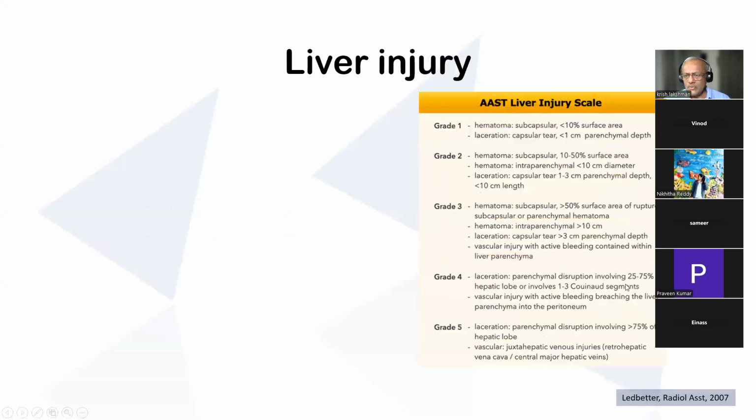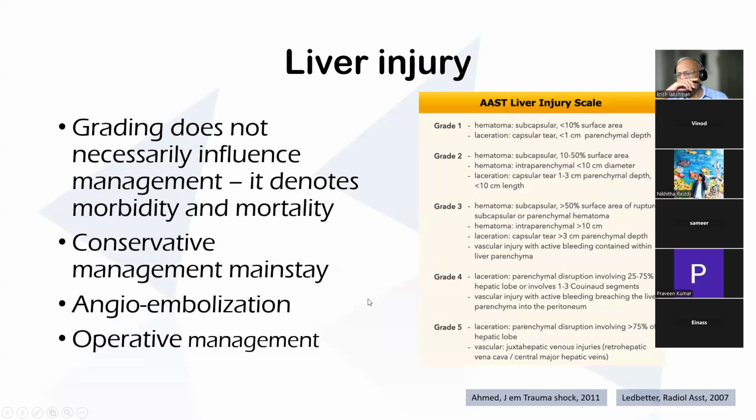Liver injury, a similar liver injury scale is there based on your CT. But please note, unlike in the spleen, the injury grade does not necessarily influence your management, but it does tell you about the morbidity and mortality.